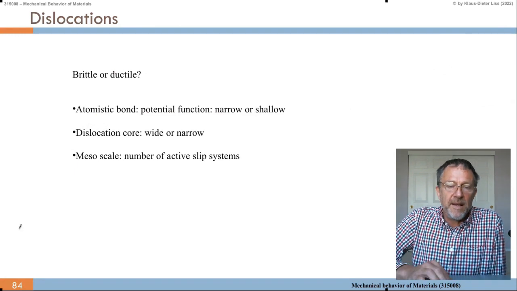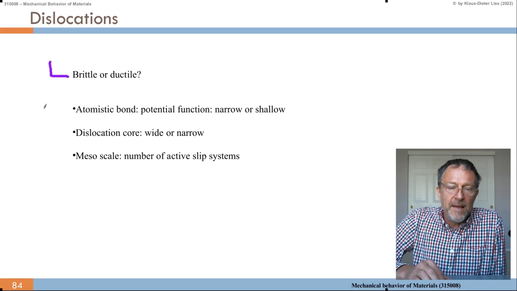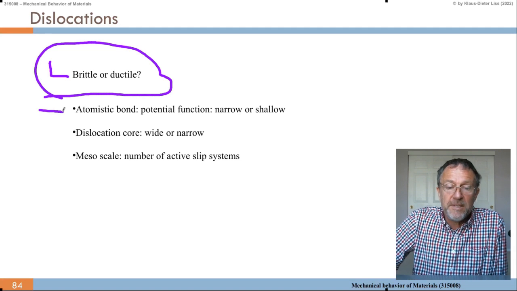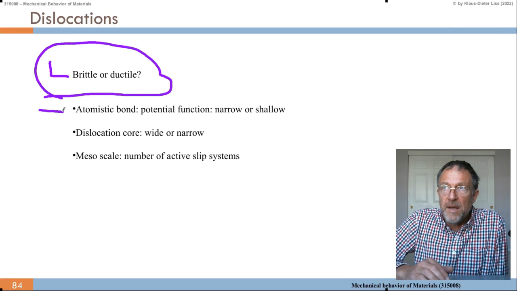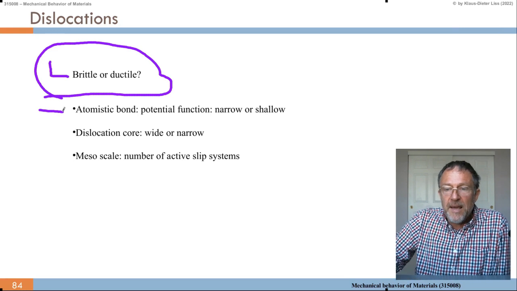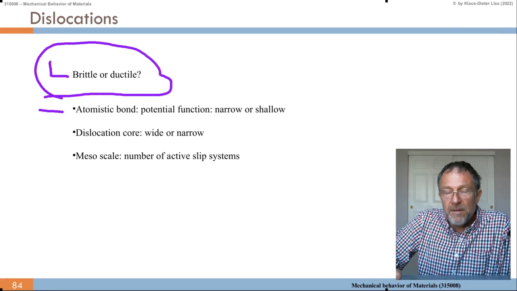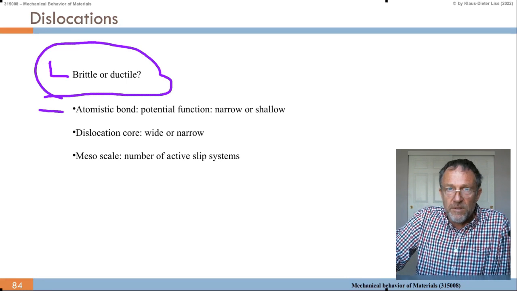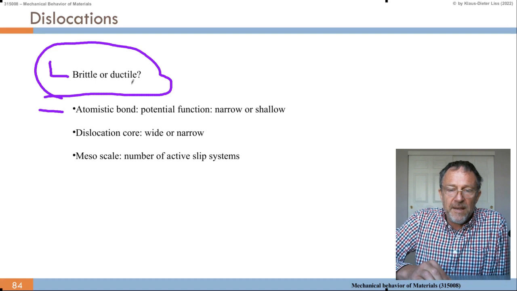I mentioned already, will the system be brittle or ductile? Whether it's brittle or ductile depends on a lot of factors. It depends on the atomistic bond, so the potential function between the binding atoms. For example, if you have an oxide, silicon oxide, then you have strong covalent bonds, very narrow in length.